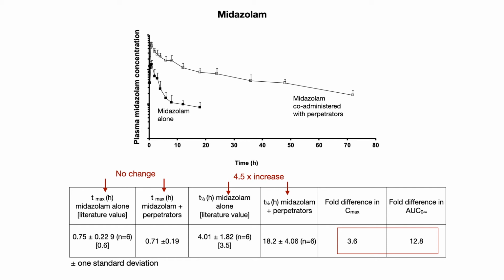Cmax and AUC, out of those two parameters, the area under the curve, the AUC, is probably the important one, because what does AUC mean? What does it signify? Altogether now, exposure. So in this case, those perpetrators caused a nearly 13-fold increase in drug exposure.